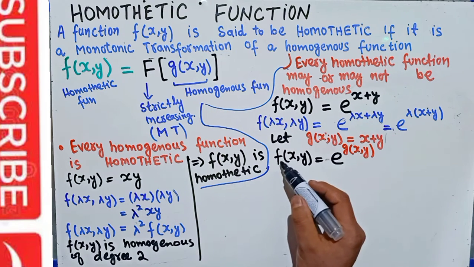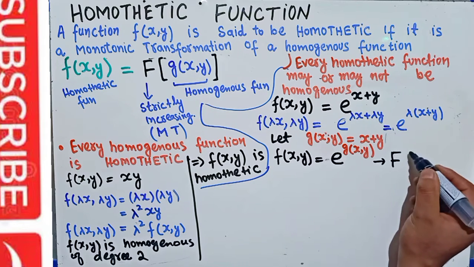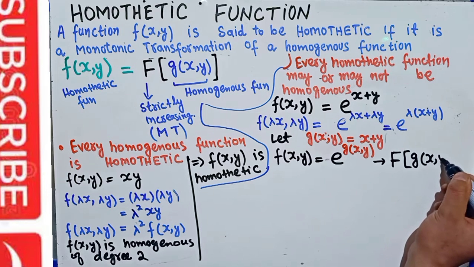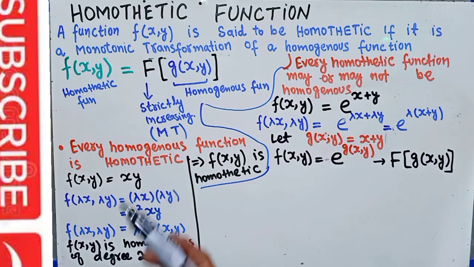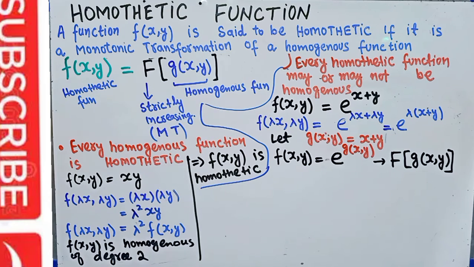I have written this function as f of g of xy. So the simple thing is, if a function is homogeneous, it is automatically homothetic. But if it is not the case, then we need to get it as a monotonic transformation of a homogeneous function.